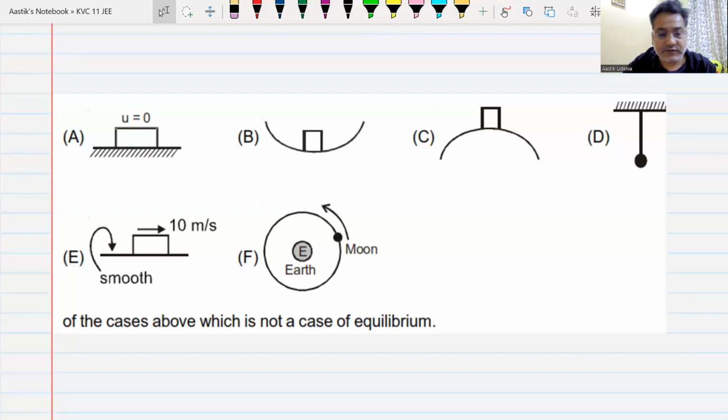Okay, then we have this question coming up. There are different cases given. You have to tell me which case is a case of equilibrium and what type of equilibrium it is. And if there is not an equilibrium, you have to tell me which one is not the equilibrium. Case number 1, A. Is it an equilibrium?